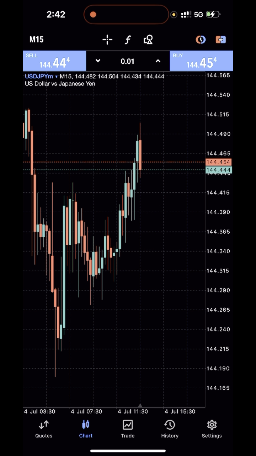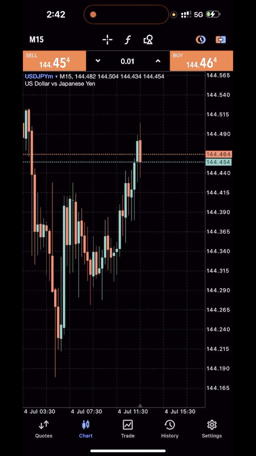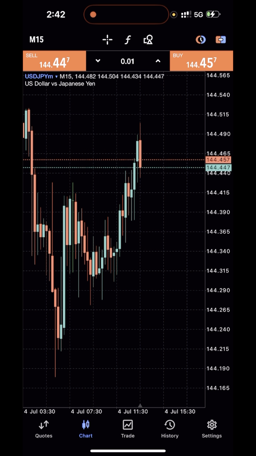Sure, you understand? If you put a leverage of 100, you can take a trade of 2,000, something like that, right? So like 10 times your capital. So that's what leverage does for you.